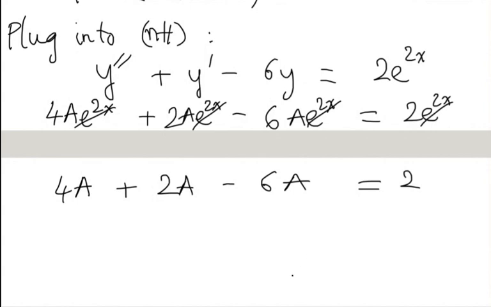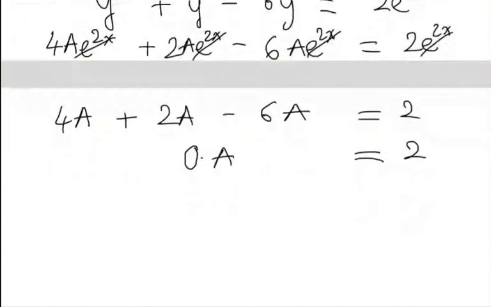And we are trying to solve for A. But in this case, if you simplify, what do you get? 4A plus 2A is 6A, 6A minus 6A becomes 0A equal to 2. What is A?